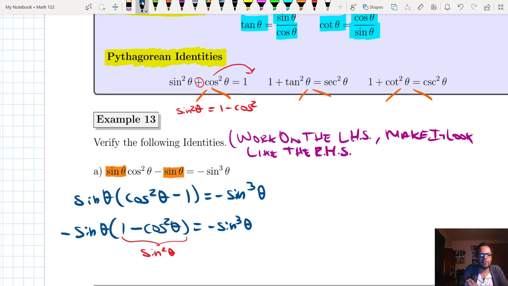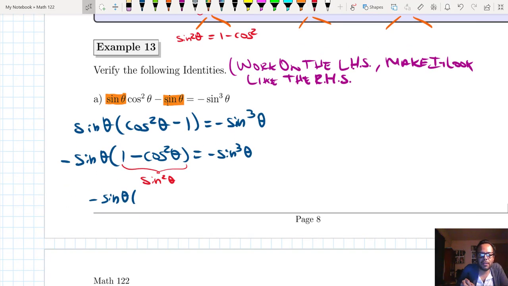Okay, so we're going to have negative sine theta times sine squared theta. Let me erase this one to avoid repetitions, and I'm going to indicate it with an arrow only. And that equals negative sine cubed theta.